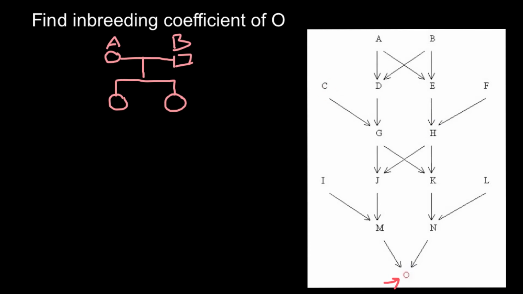C would be the husband of D, and F would be the husband of individual E. So this is individual D here and E here. Both of them have husbands, F and C here, and both of them also have children, G and H.